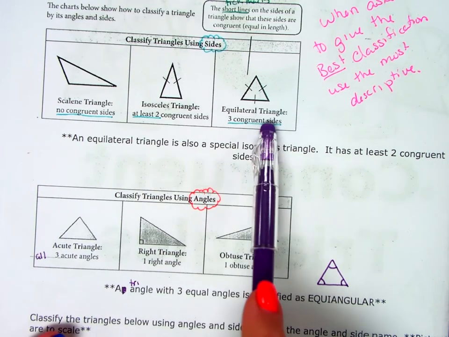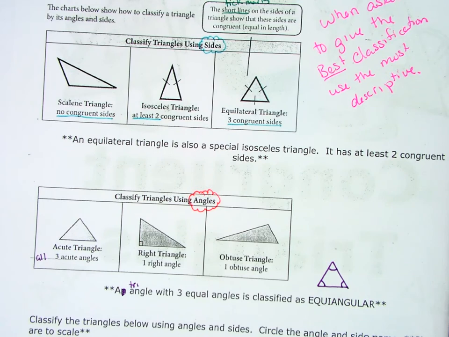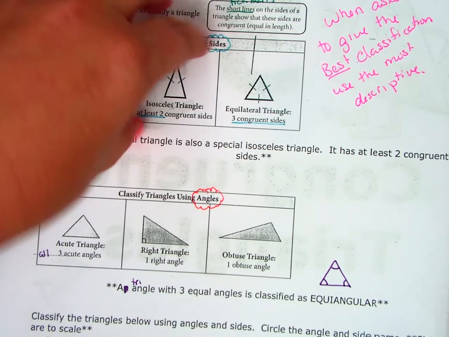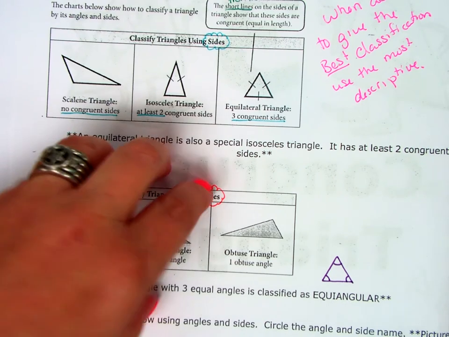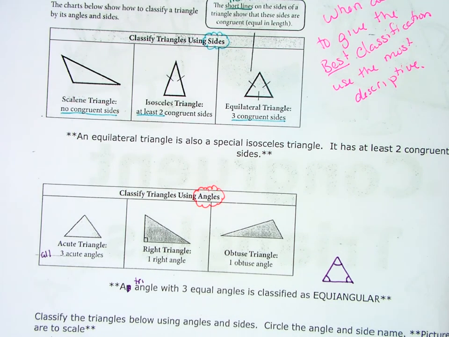Up here you have to pick out of the 3 which one of the 3 is the best. So you pick one from here and you pick one from here. When you classify a triangle, you should be classifying it how many different ways? 2, right? You're going to classify it by its sides, you're going to classify it by its angles.